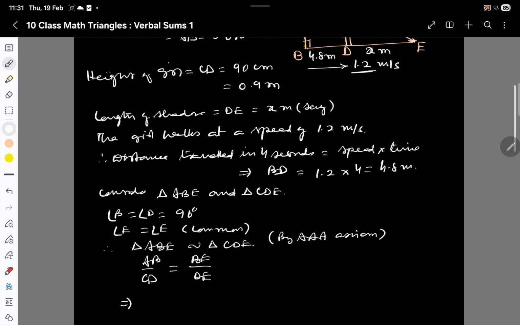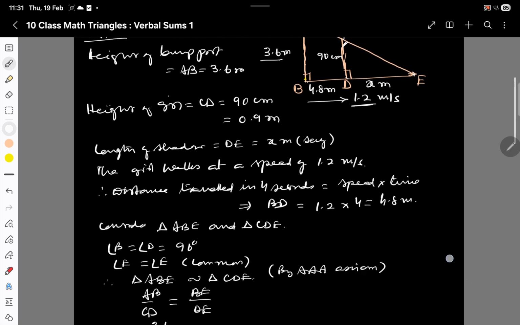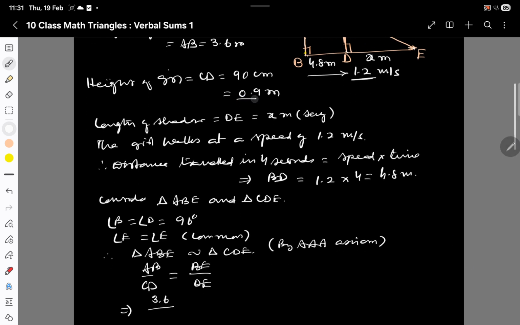So 3.6 by CD, the height of the girl, that is 90 centimeters, which is 0.9 meters, is equal to, what is BE? BE is equal to BD plus DE, by DE as usual. DE is x meters.